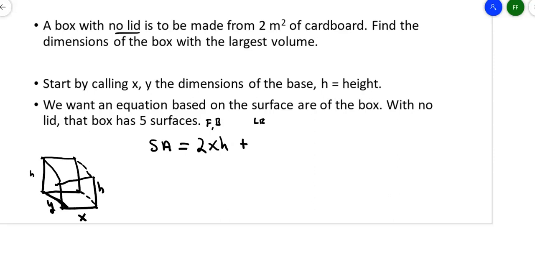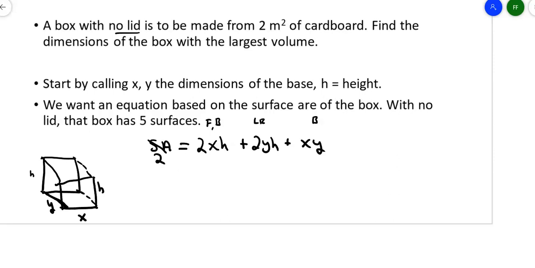So there's 2 of them. And then there's one base. The one base has dimensions x, y. What do we know? We know that there's 2 square meters of cardboard. That 2 square meters of cardboard is going to become the surface area. So that must mean that the surface area is equal to 2.